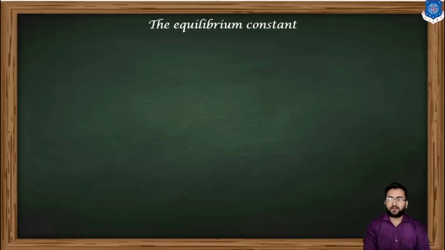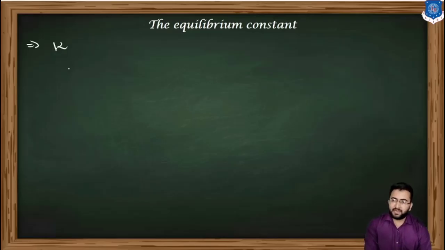Now let's discuss the equilibrium constant. The equilibrium constant, which is denoted by capital K for a reaction, is defined in terms of the fugacity or in terms of the activity.